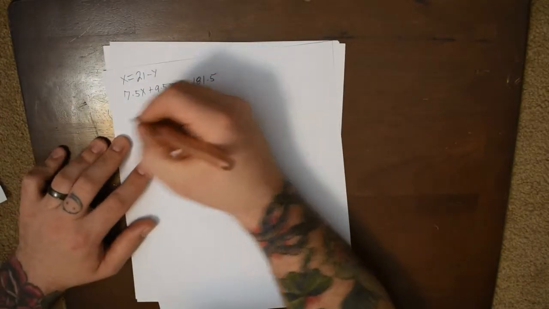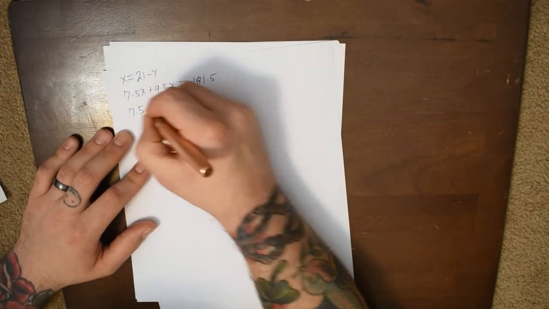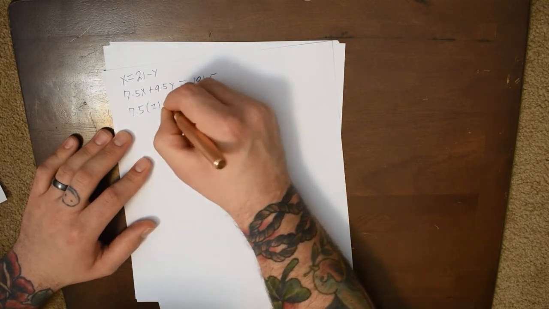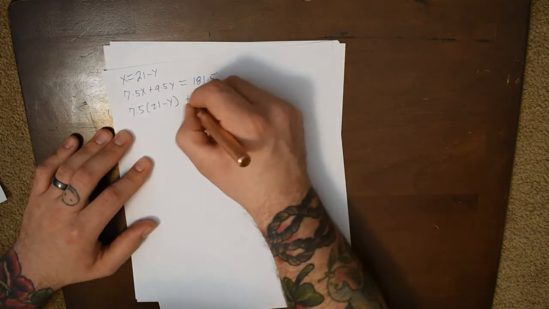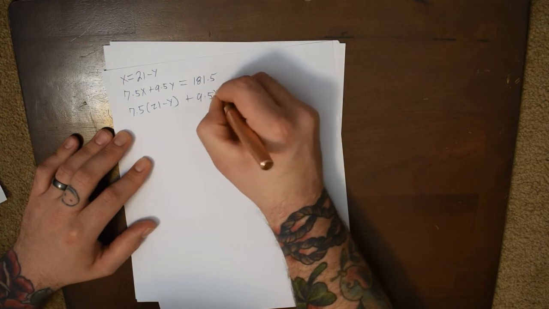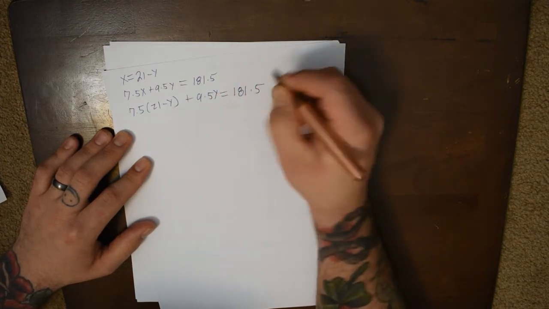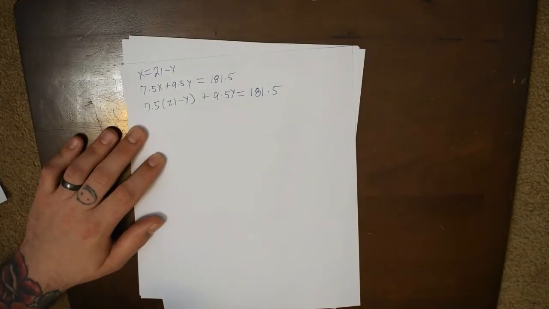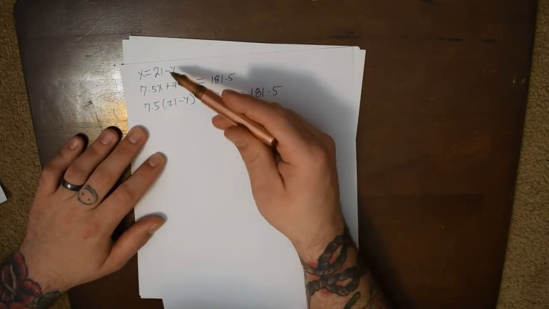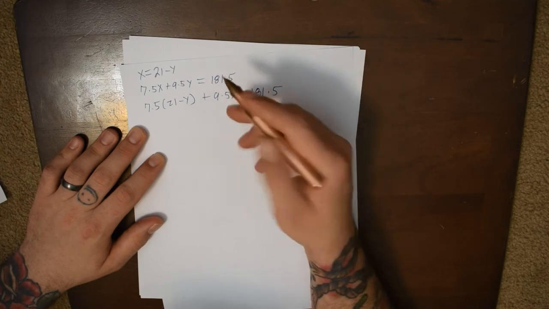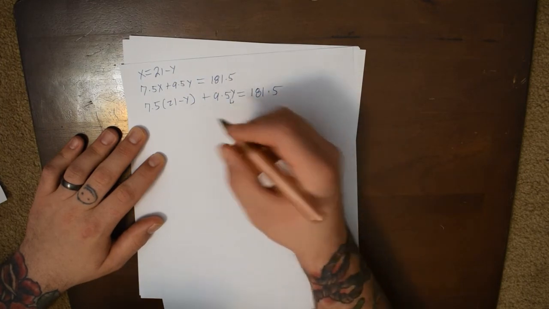Well, that means that 7.5 times (21 minus y) plus 9.5y is equal to 181.5. Now that we have substituted the top equation into the bottom equation, we're just trying to solve for y.